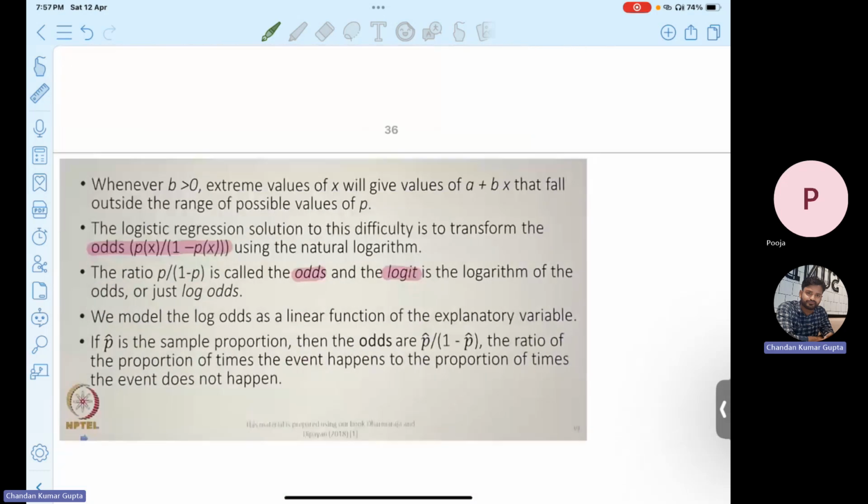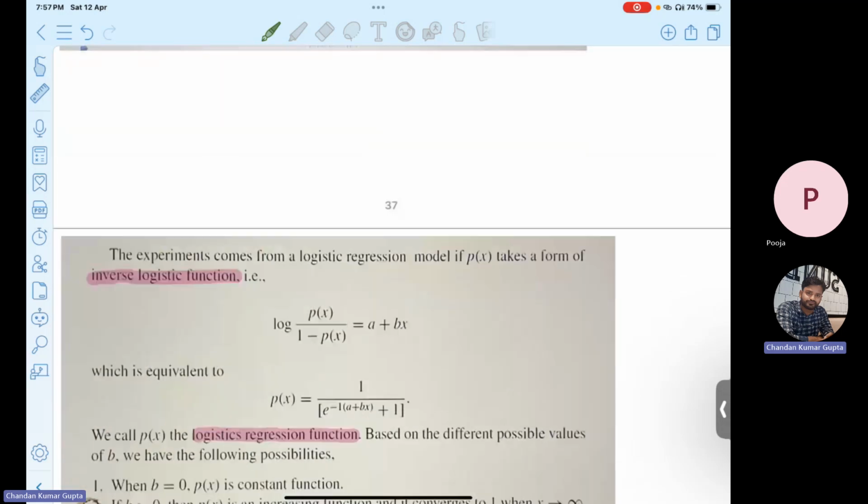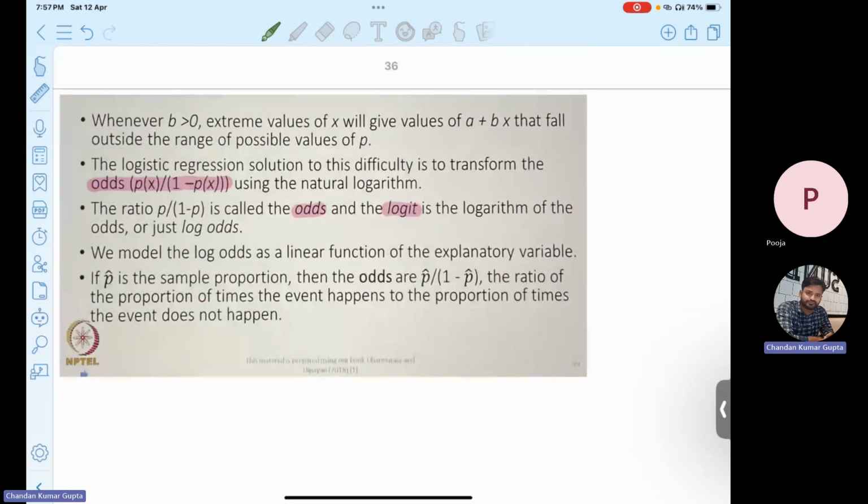The next is odds. So what is odds? Suppose we have a binary output, either success or failure.